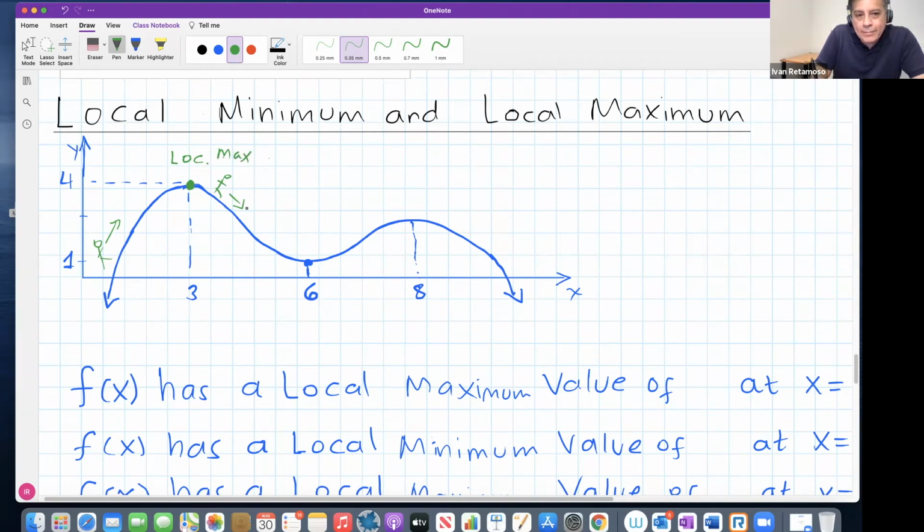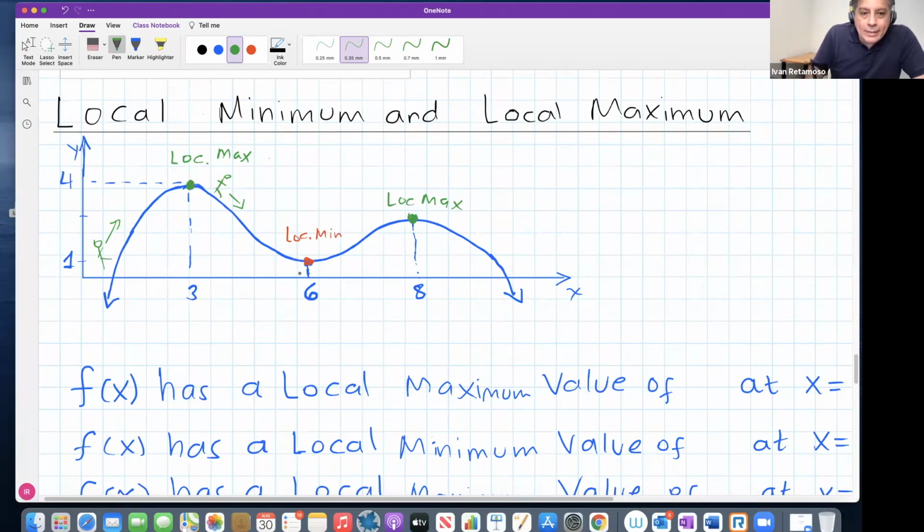You continue walking and you reach this other point. This is going to be called a local minimum, because locally it is a minimum. You continue walking and you reach another peak, a local maximum, and then that's it.